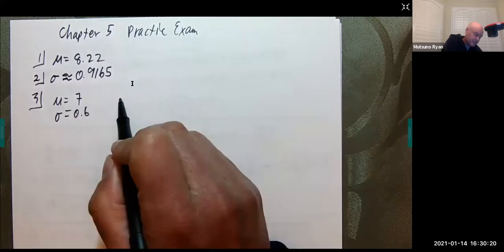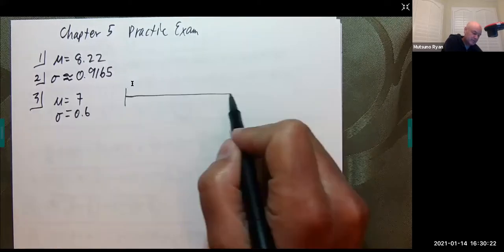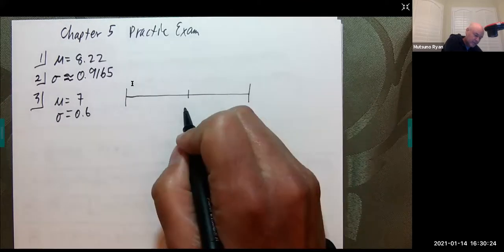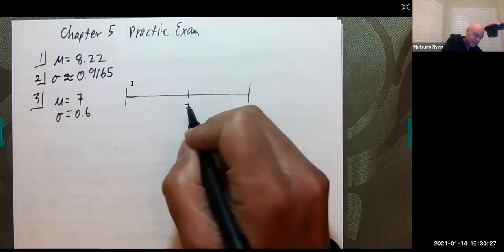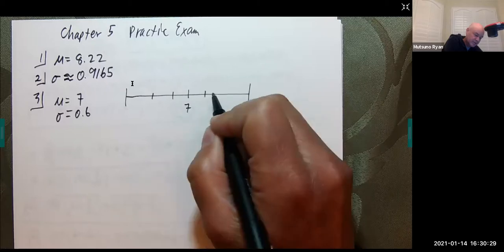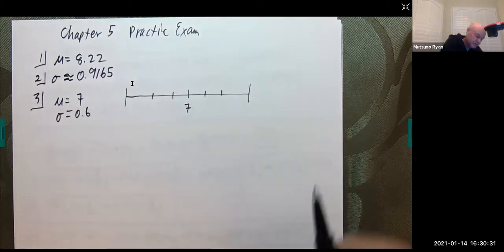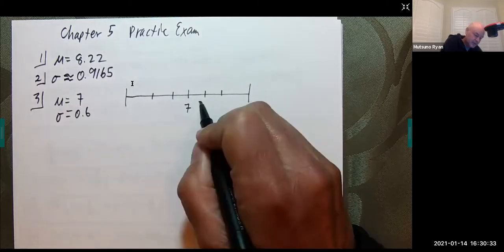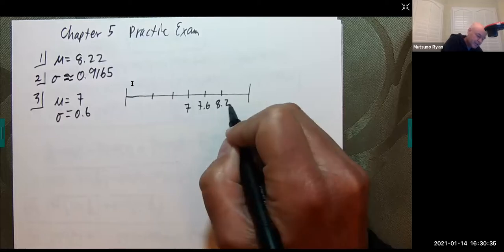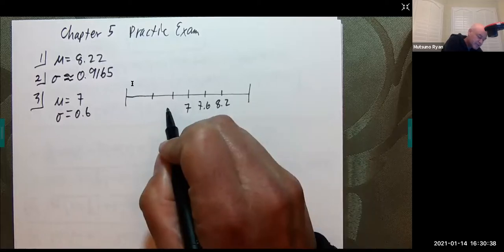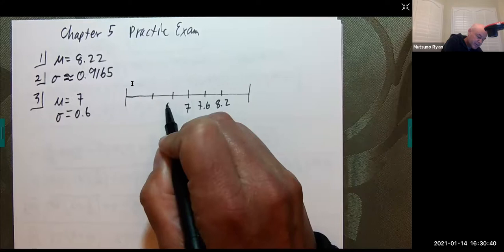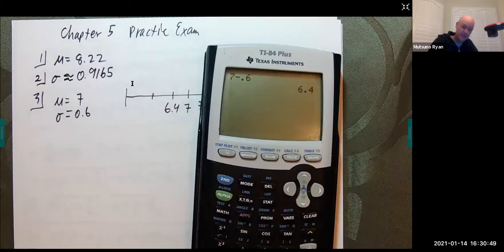If you remember, when it comes to usual, we have our mean, and if we go a standard deviation out and 2 standard deviations out, that's considered usual. So this would be 7.6, this would be 8.2, this would be 6.4, and then minus 0.6 again, 5.8.